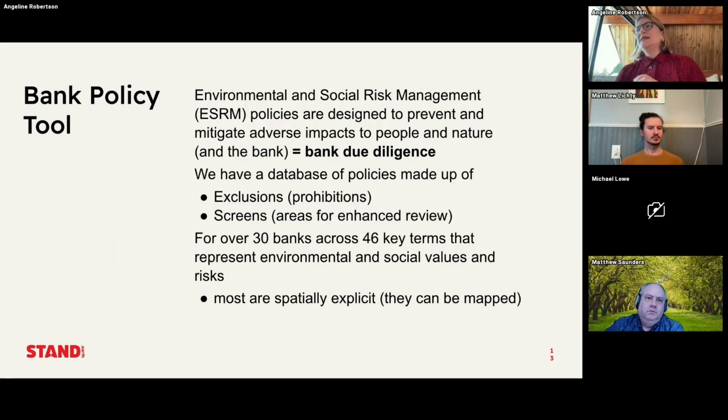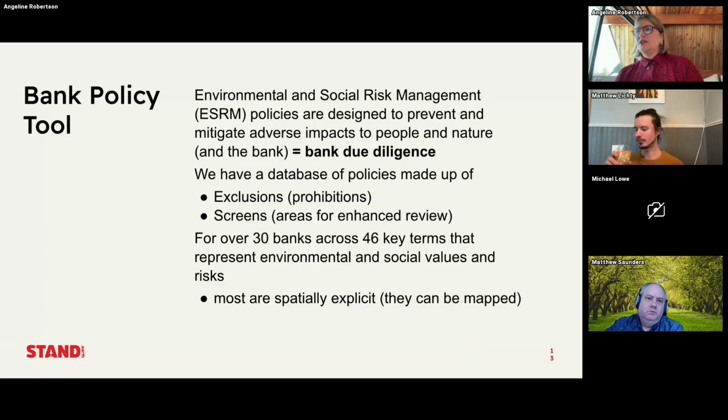So we analyzed 30 banks across 46 key terms that represent environmental and social values and risks. We looked at things that fall into two main categories: exclusions or prohibitions, where the bank said that we will not provide any financing to this particular set of circumstances, and screens, where they say, we'll look very carefully before we make a financing decision.